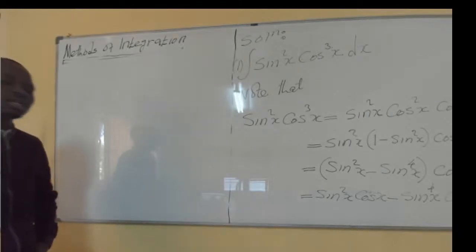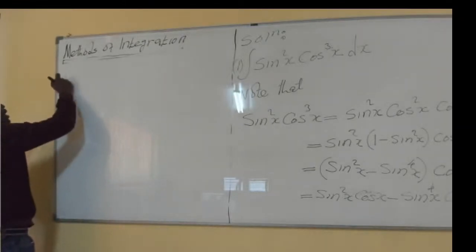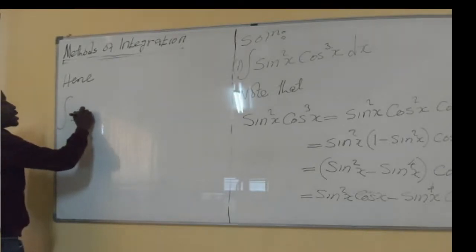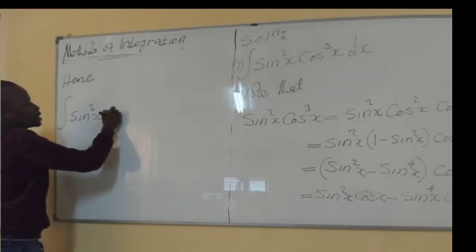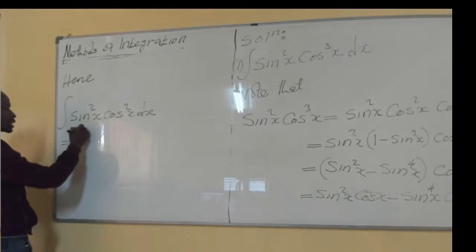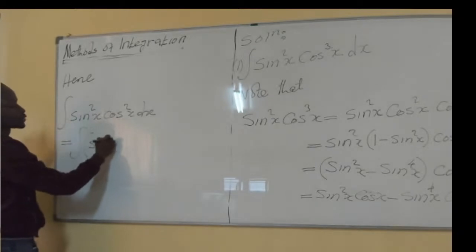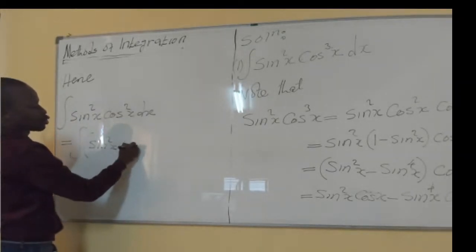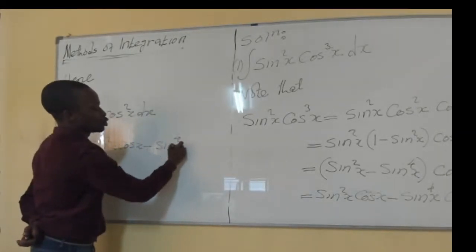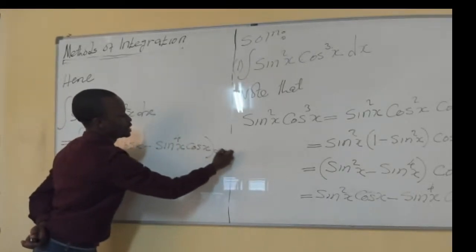So now, hence, the integral of sine squared of x times the cosine squared of x with respect to x is just the same as the integral of sine squared of x times the cosine of x minus sine power 4 of x times the cosine of x dx.